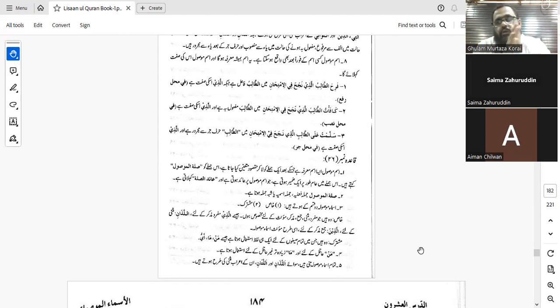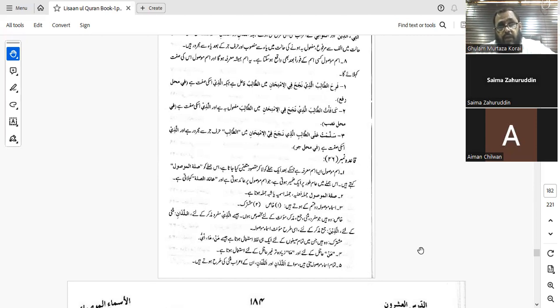Actually, ismul mawsul, can we use it singularly, or in isolation, mujarrad, without silatul mawsul? No, we cannot use it. Say for example, fariha at-talibu alladhi.